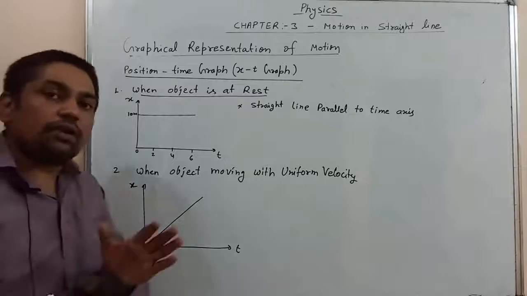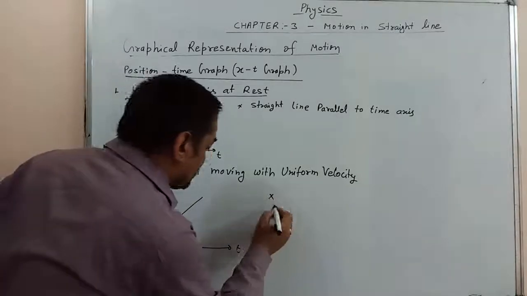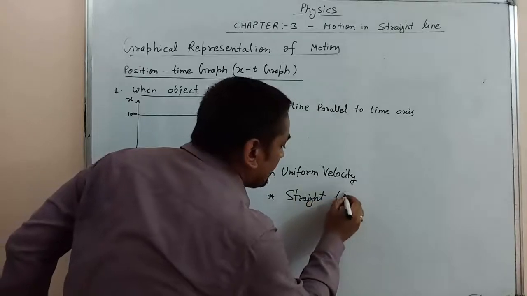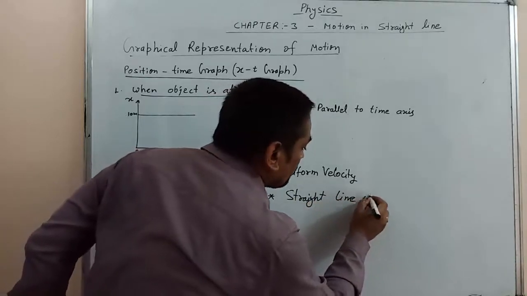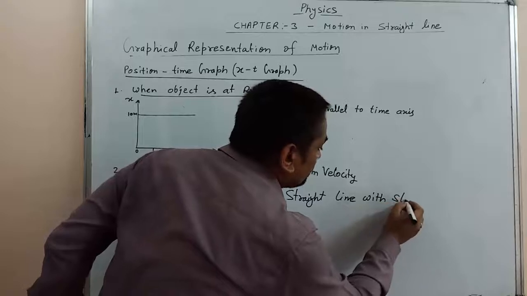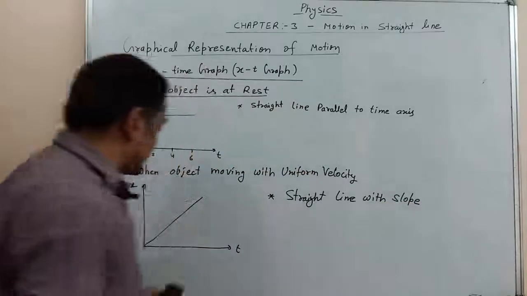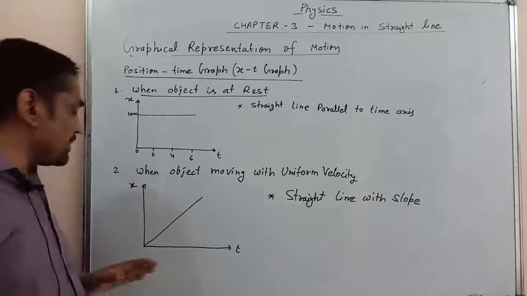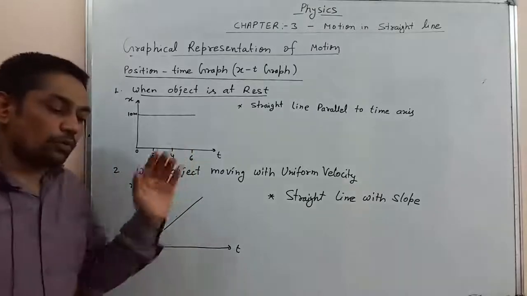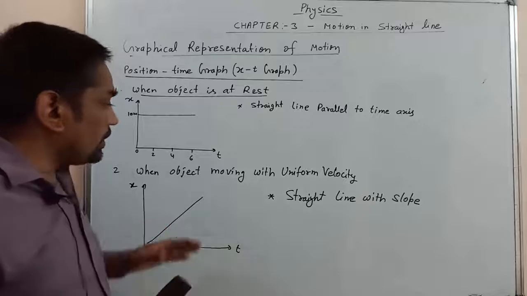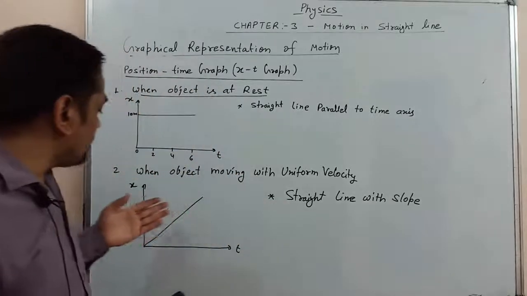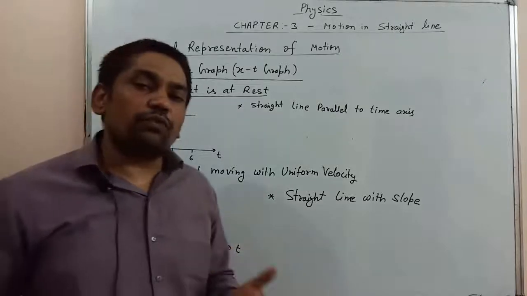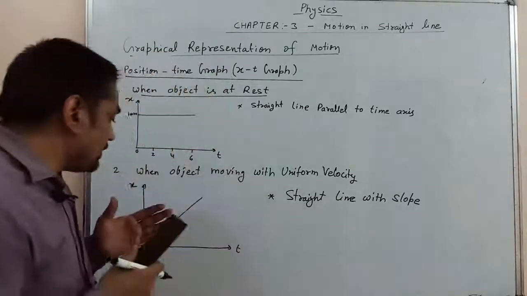The straight line with a slope. So what kind of graph is this? Straight line with a slope. So this is a straight line also, but it is not parallel to time axis. The straight line with a slope. So the straight line in the xt graph represents the object is moving with the uniform velocity.